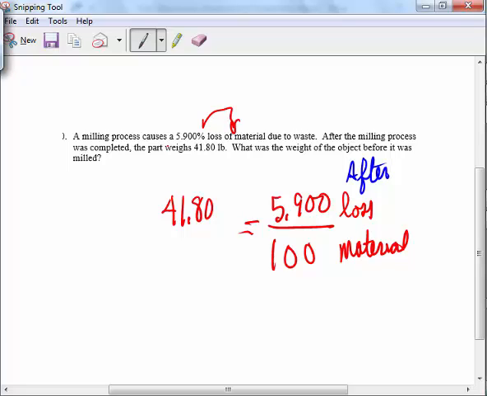So 5.9 is how much it lost. In other words, it weighs 94.1% afterwards, which is 41.8 pounds. What was the weight before it was milled?